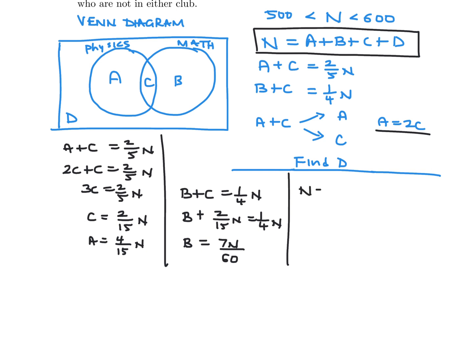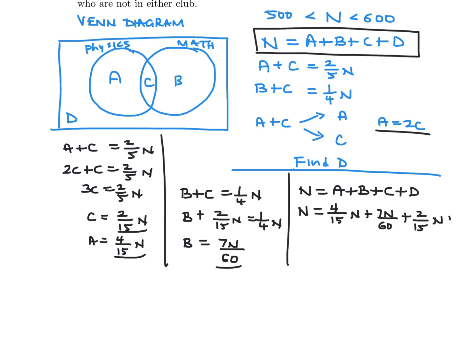So since N is equal to A plus B plus C plus D, right? So N would be, well, A is this guy, so that's 4/15 N. B is this guy, 7N/60. And C is this guy, 2/15 N, plus D. Okay.